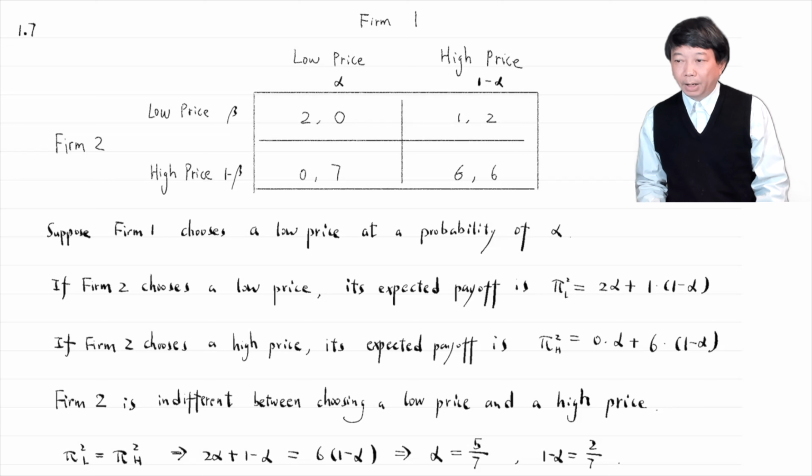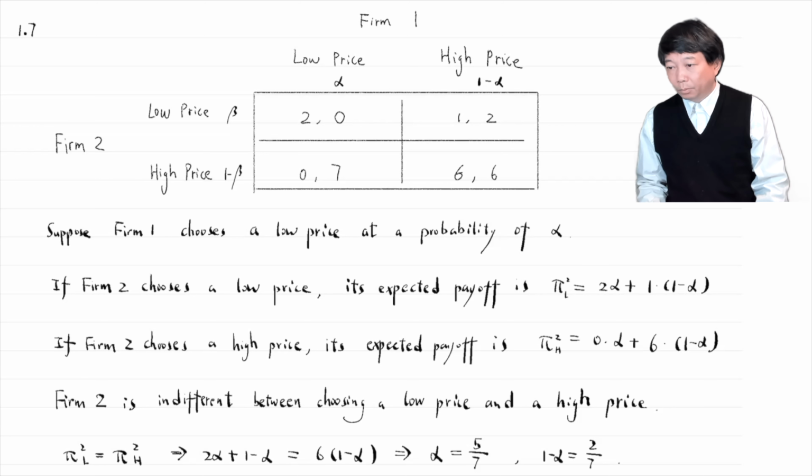Why should the two expected payoffs be the same? That is because if they are not the same, say pi L is greater than pi H, then firm 2 will choose the low price with certainty. Given that firm 2 chooses the low price, firm 1 will choose a high price with certainty.